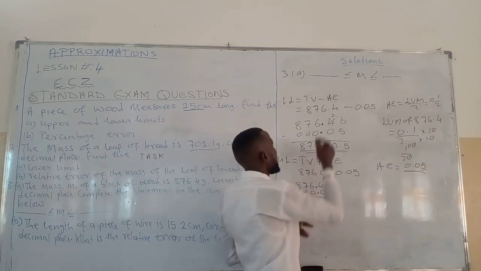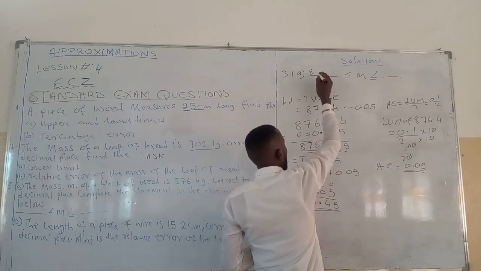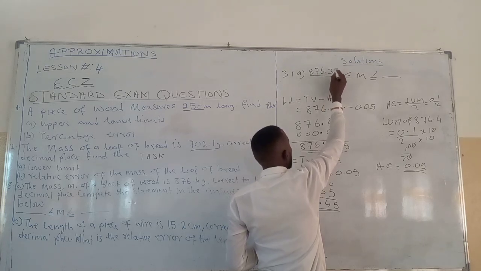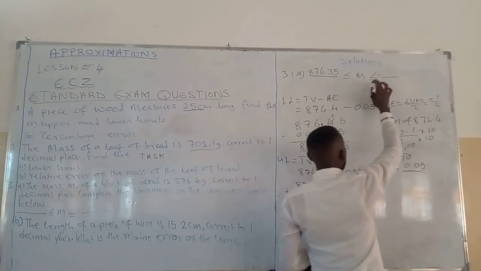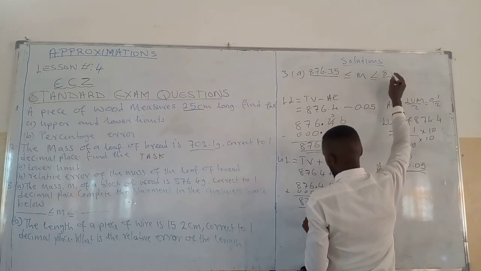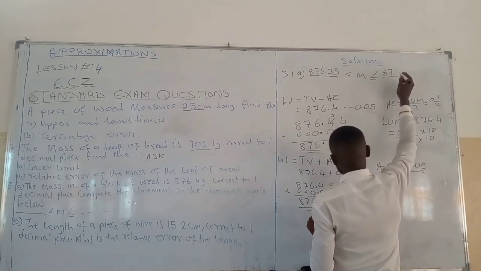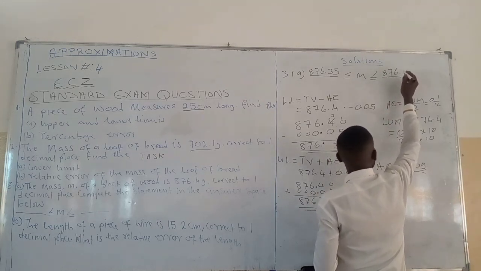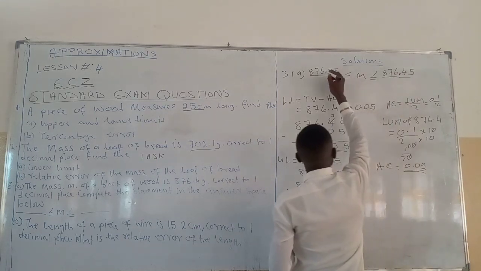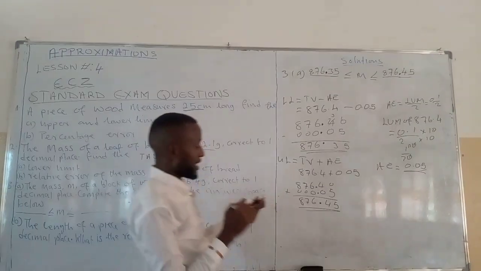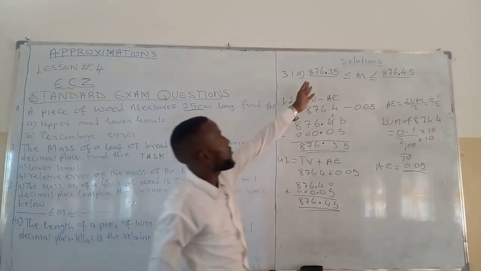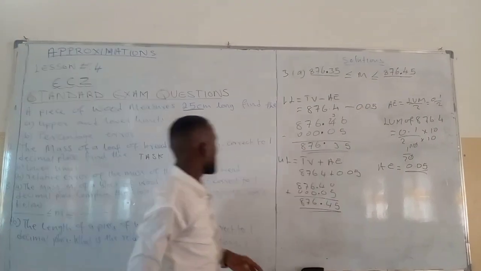So we are saying that the lower limit 876.35 should be less or equal to mass, and mass should be less or equal to 876.45. Hence you have answered this question. That's how you answer it. That is the range they are talking about. It means that you have given the range of what they are asking on this question.